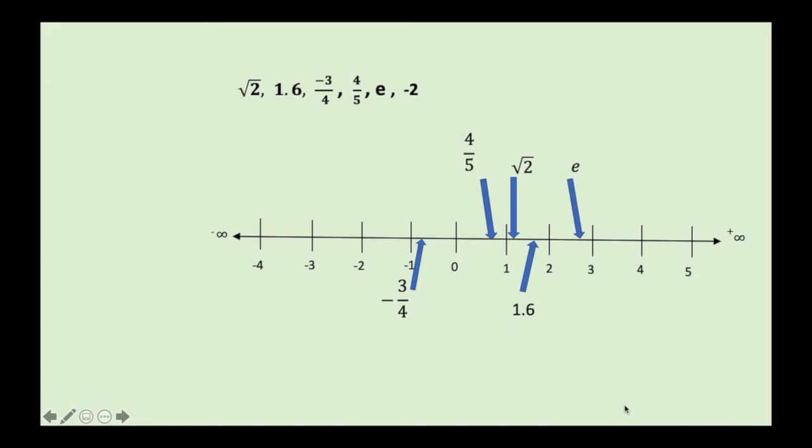And finally, we have -2, which goes here. Now reading once again from left to right, we can now place our numbers in ascending order. We have -2, -3/4, 4/5, square root of 2, 1.6, and e.